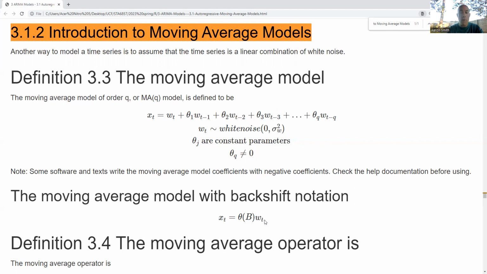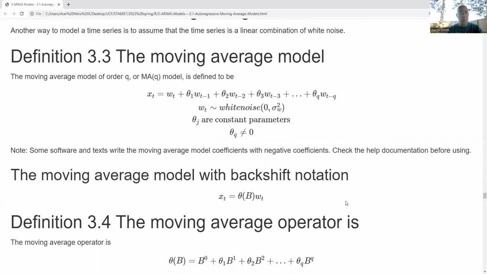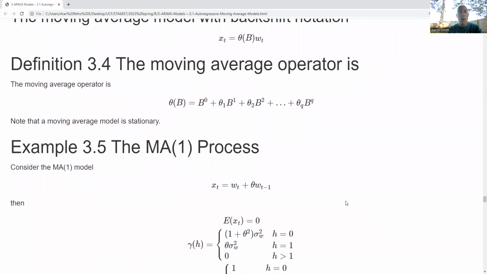We're invoking a little bit of abstract algebra here. To write that, here is the moving average operator on the backshift operator. Something the author does differently than I do is that they put a 1 here for the backshift operator of no shifting. That is the identity operator.